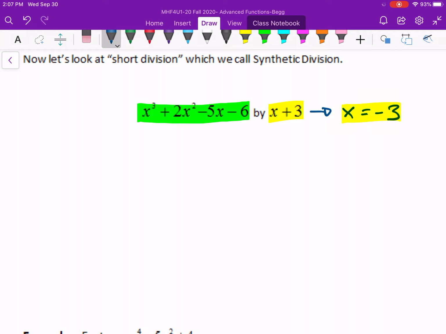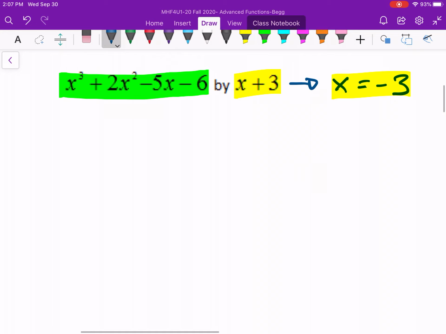So here's how we set up synthetic division. We take our 0, negative 3, and beside it we write a partial box. And in that box we're going to write the coefficients of all the numbers that are in our dividend, the one that I've highlighted in green.